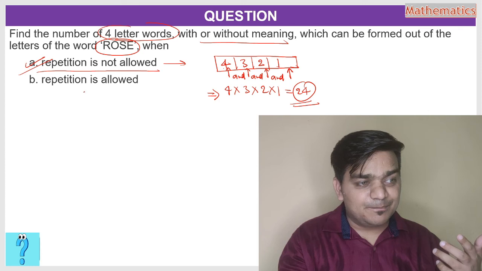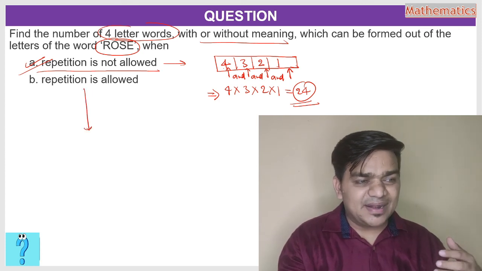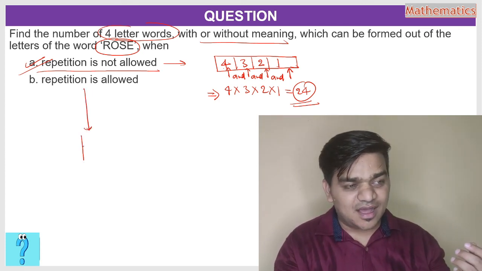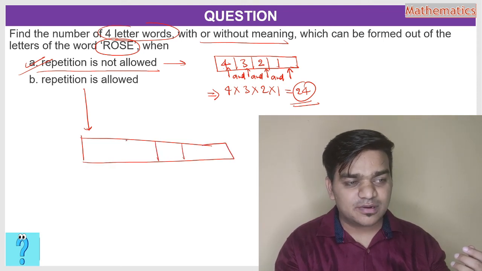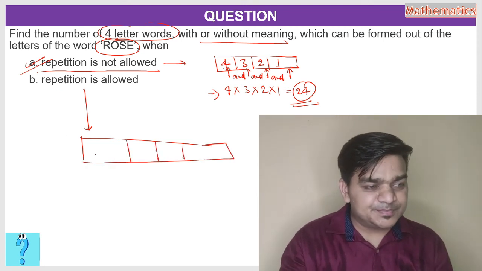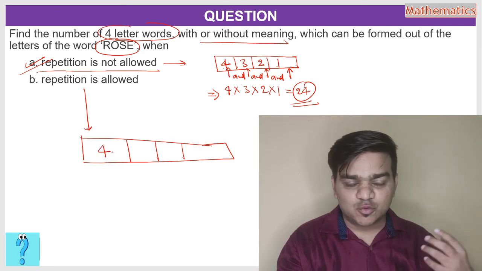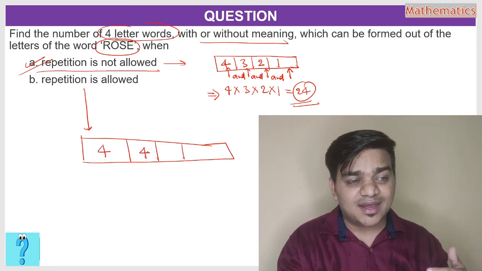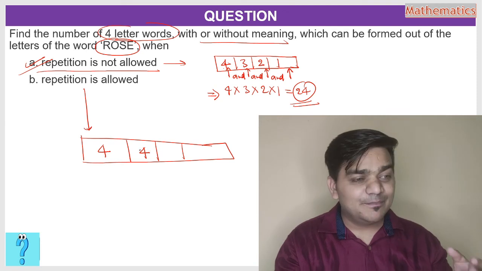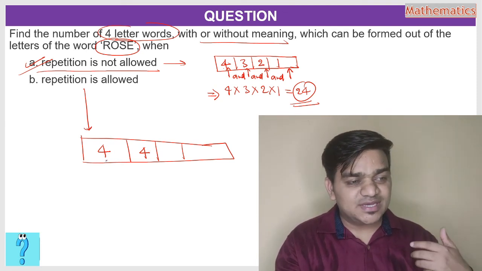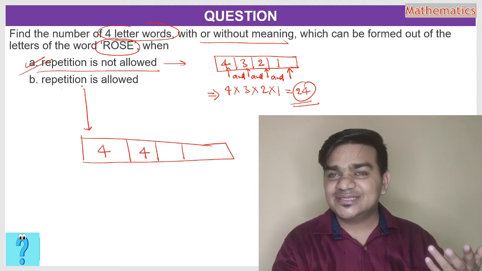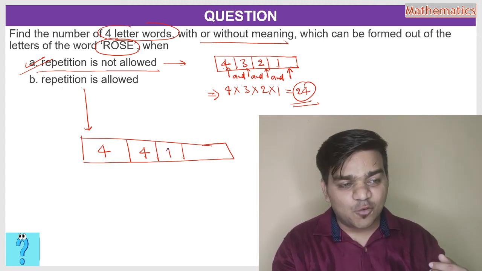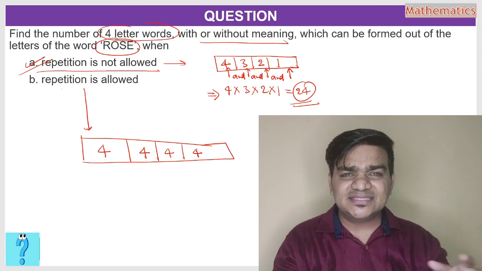And if repetition is allowed, then how can we complete this process to fill the four letters? Here four options are there to fill this and four options are there to fill the second place also, because if we have used any letter here we can use that again here, since repetition is allowed. So we have four options to fill each step.